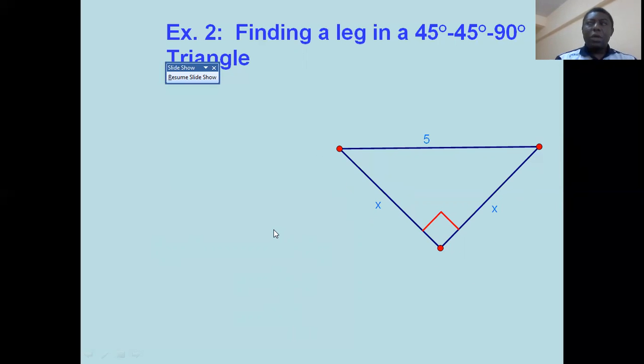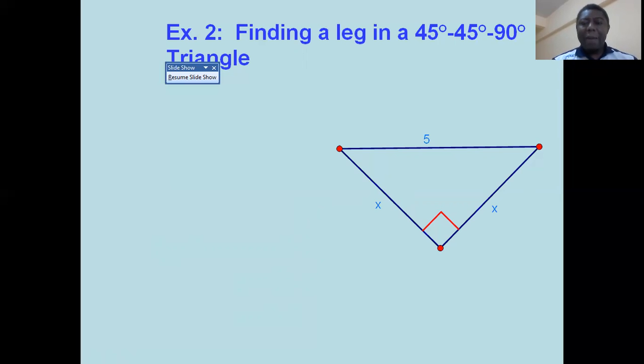And remember, we said the hypotenuse is equal to the square root of 2 times one of the legs. Therefore, the hypotenuse will be equal to the square root of 2 times x.